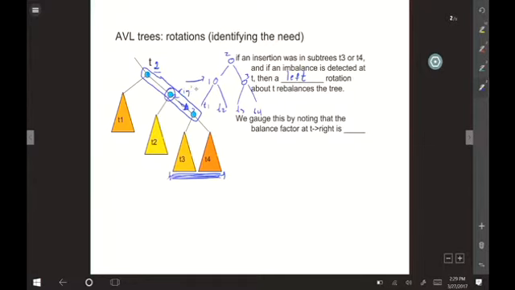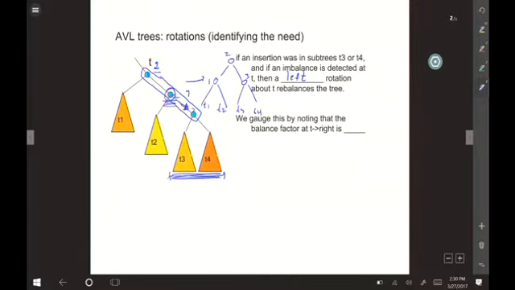We could use that to determine that we needed a left rotation. But I'm going to choose a different metric here, one that we can use in removal as well. That metric is the height balance at this node.